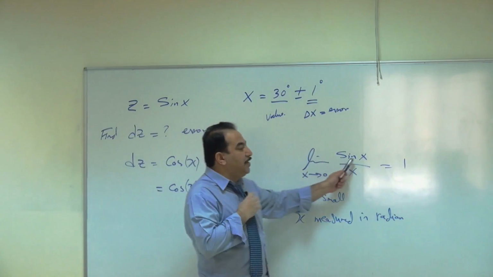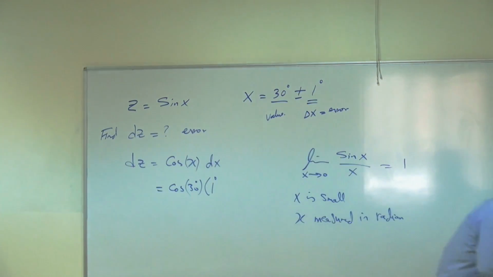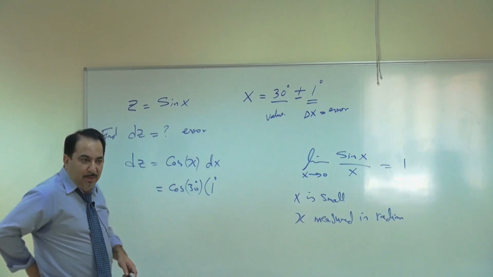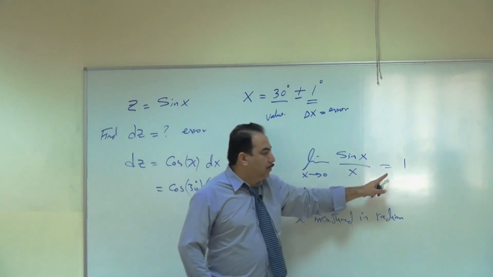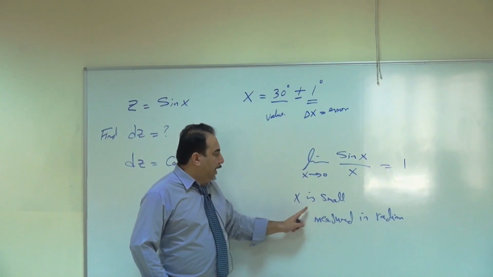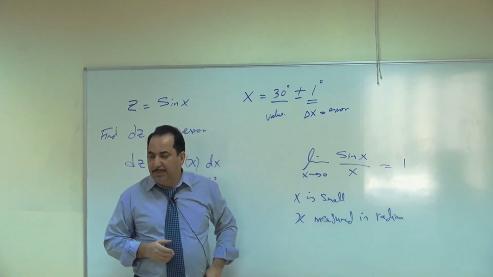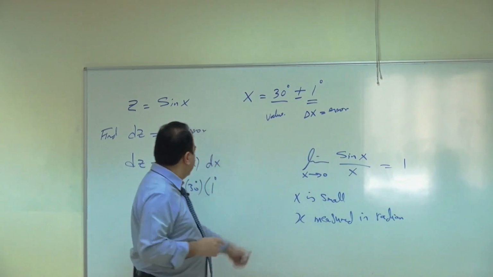You cannot say sine 30 over 30, with the angles in degree, or sine 1 degree over 1 degree, if you take x very small, is equal to 1. It's wrong. So what's the condition for this one? x is small, approaches 0, very small, and x measured in radian.